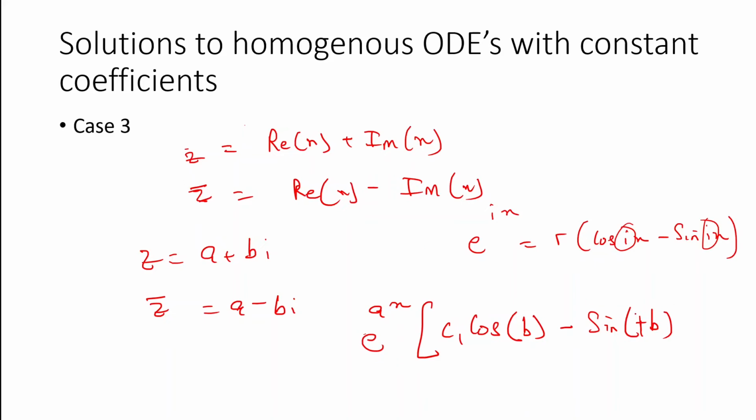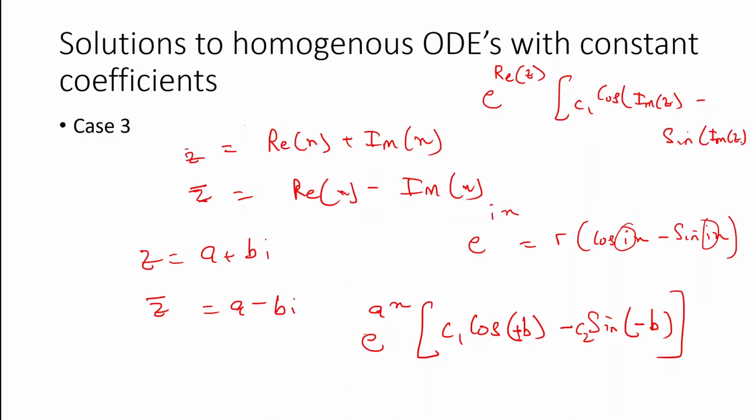In this case, a minus ib, the imaginary part is negative, so this is c2, and this is the final solution. So we can rewrite it as e to the power real part of the complex number times c1 cos of the imaginary part plus c2 sine of the imaginary part. This is the form for a conjugate pair.